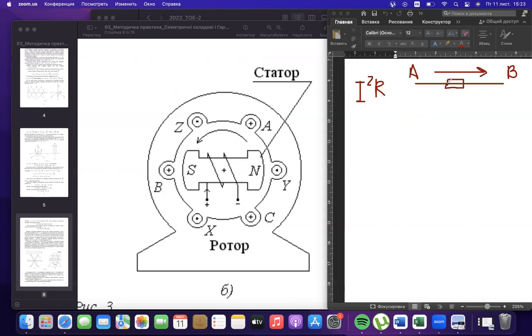This wire has some constant resistivity. We cannot influence it because generally we could take some big cross-section. Bigger cross-section will decrease resistivity, but a high cross-section costs a high amount of money. That is why we cannot take any high value that we want.